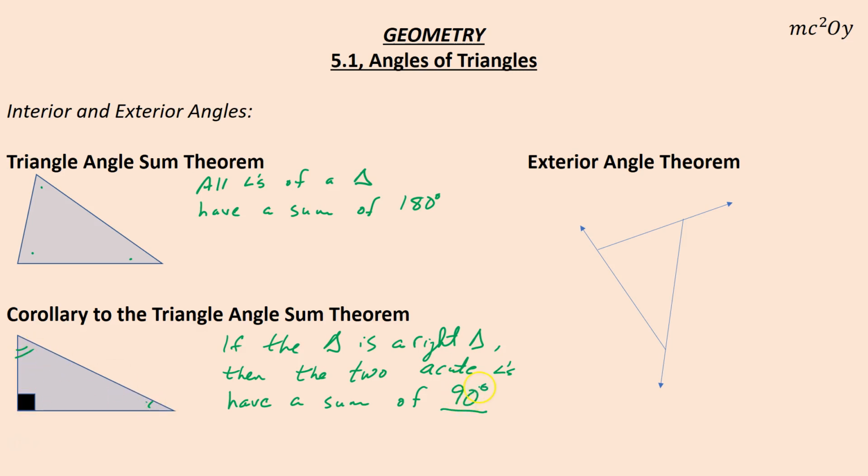So have a sum of 90 degrees. There we go. Okay, so that is the corollary to the triangle angle sum theorem. I like to think of it as like the cousin of it.